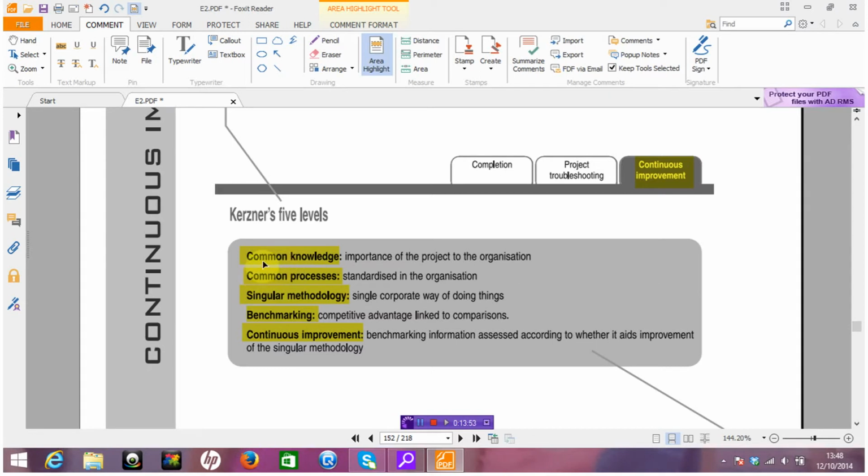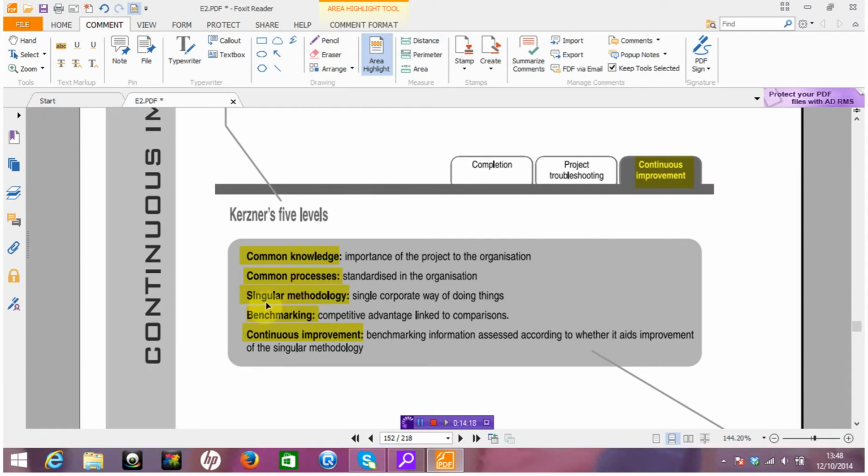In terms of this next level, this step up, what we're talking about is standardizing the processes for project management. Project management is becoming more widely used, and as a result we're having to standardize the project management process.